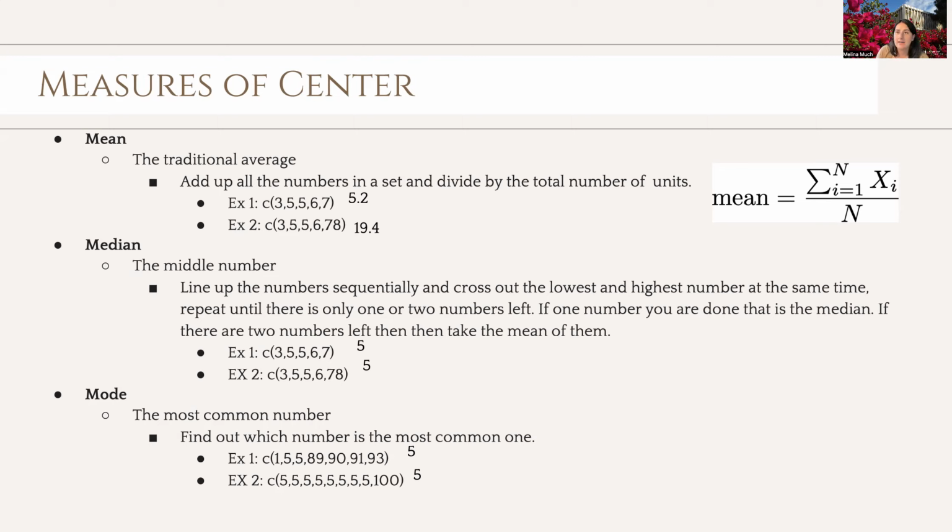Sometimes we want to understand things in context of the median, like I mentioned, something like household income, it's going to make more sense to do median instead of mean, right? Because we want to be a little bit more robust to outliers. The mode, again, we're probably not going to be using this one so often, but we will be using it in the context of our ordinal and our nominal variables.